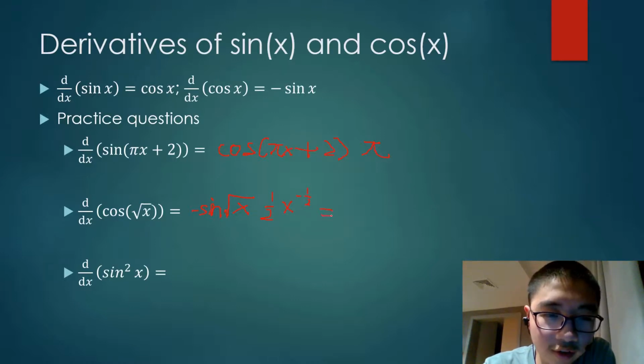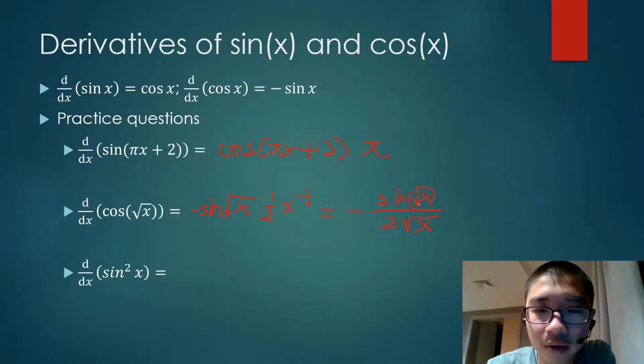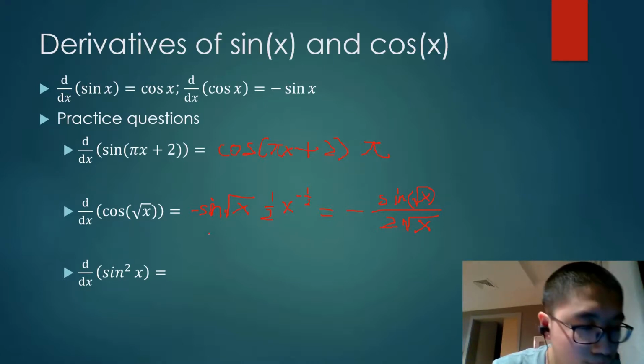We can rearrange this expression so we get negative sine of square root of x over 2 times square root of x. Remember, this 2 square root of x cannot be cancelled with what is inside the sine, because that one is inside sine of square root of x, not just square root of x, so we can't cancel them.